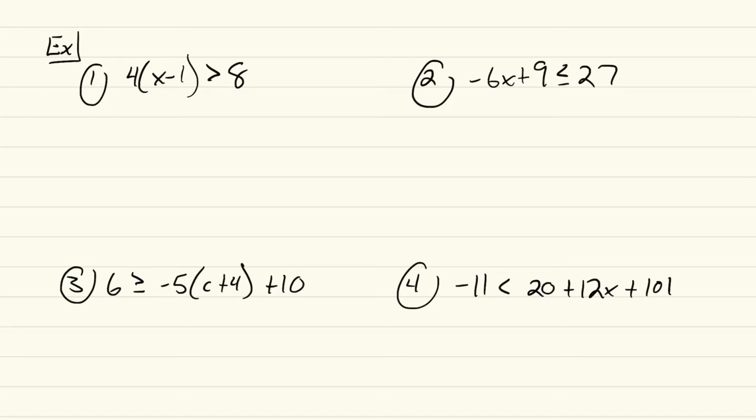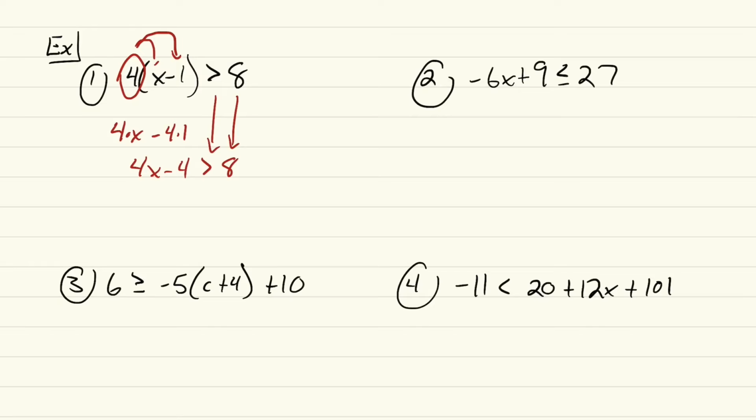So to simplify, we're going to use distributive property, and we are going to multiply that 4 times both terms inside the parentheses. That's going to give me 4 times x, and that's going to give me minus 4 times 1, which really just ends up being 4x minus 4, and then we just bring everything else down, so we have is greater than 8.